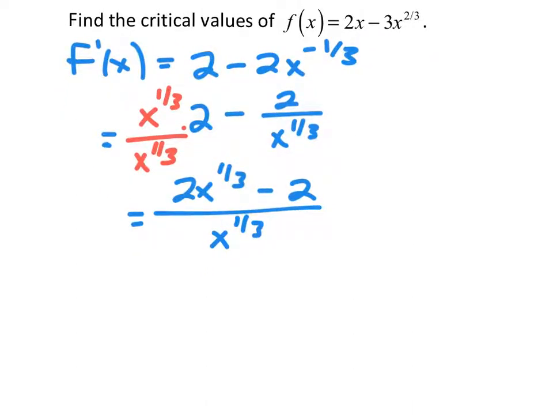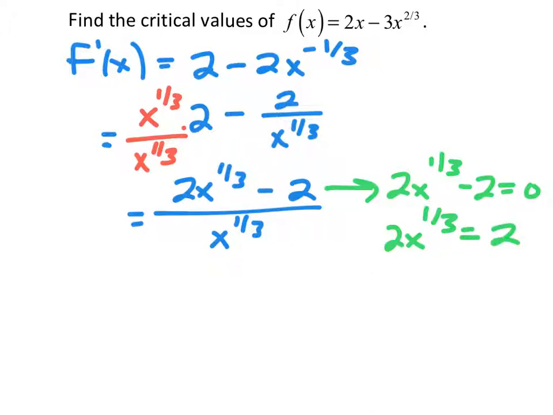So this first part, if I set the top equal to 0, I have 2x to the 1/3 minus 2 is equal to 0. That gives me 2x to the 1/3 is equal to 2. Divide by 2, now I have x to the 1/3 is equal to 1. So then x is equal to 1. But we also have to solve the bottom part equal to 0.